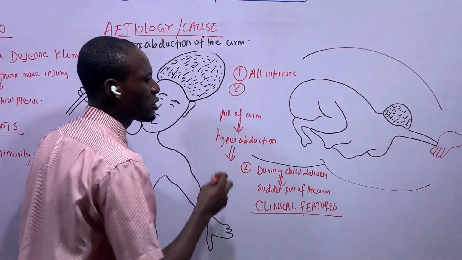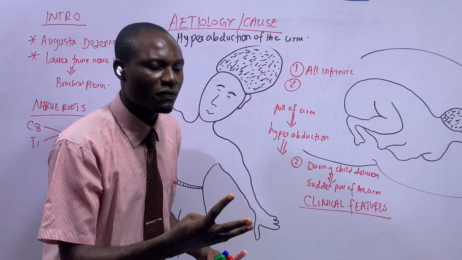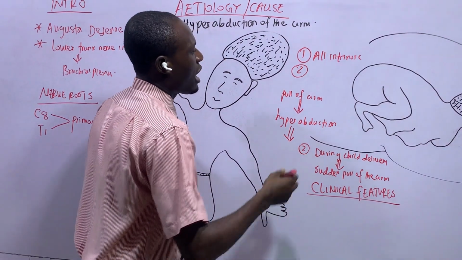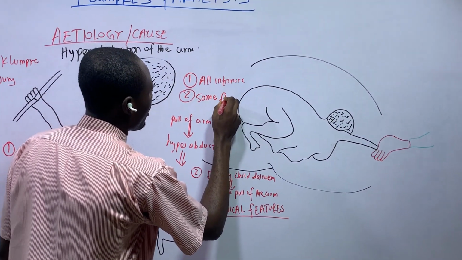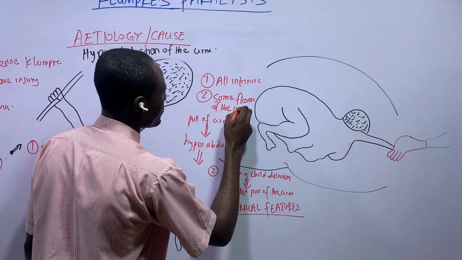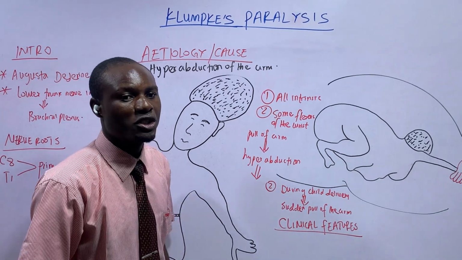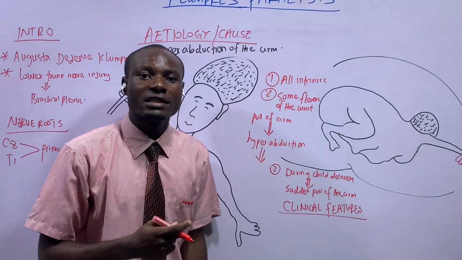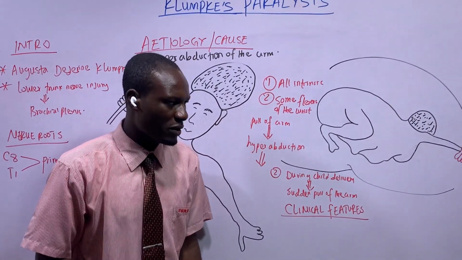So the intrinsic muscles will be affected, so there will be loss of fine movement. Some flexors of the wrist and forearm will also be affected, I did not say all. Those flexors that receive innervation from the C8 and T1 nerve roots are going to be affected.